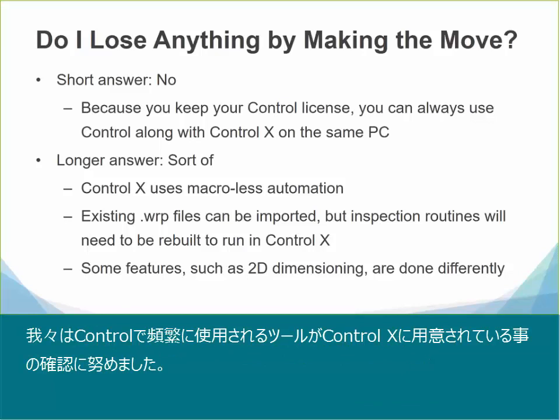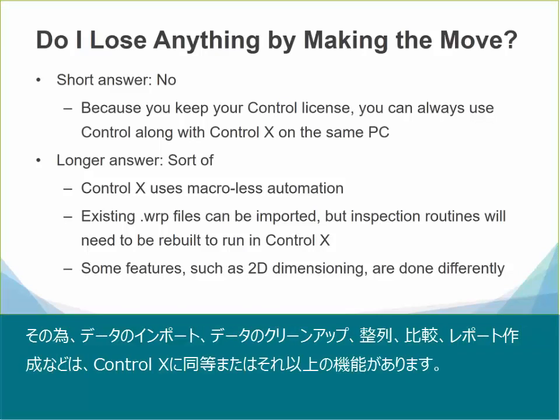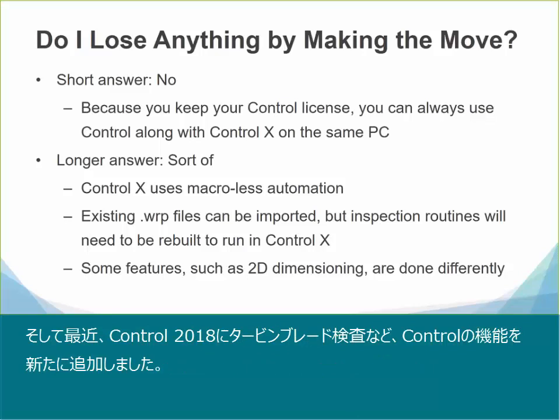We've worked hard to make sure that all of the tools you use every day in Control are in Control X. So things like data import, cleanup, alignment, comparisons, and reporting are equivalent or better in Control X. And we've recently added some really awesome things from Control, such as turbine blade inspection at no extra cost.